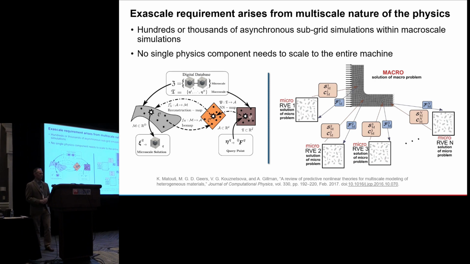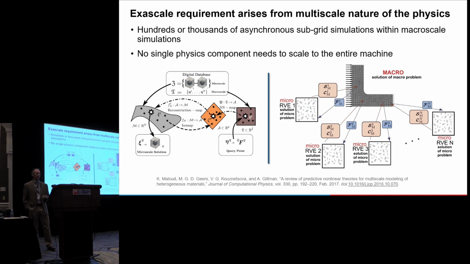There's been a lot of work on this over the years. This is a really nice reference paper that goes through a number of different multi-scale approaches, like what we're going after. But it's important when you look at this to think about how we're going to use the exascale machine.